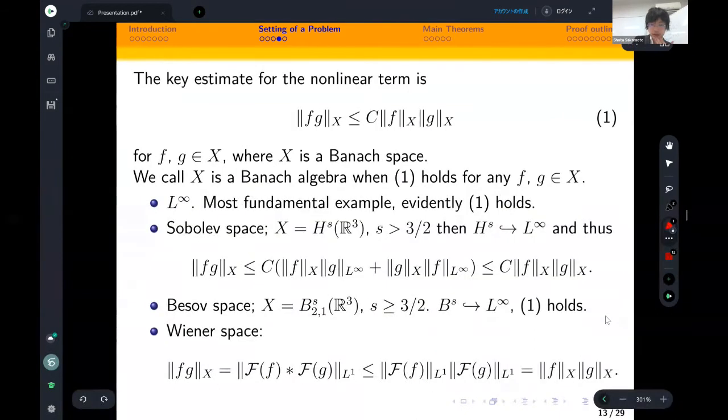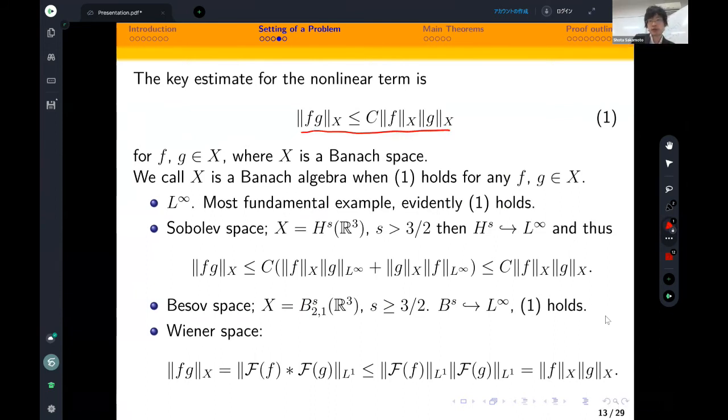So why do we have to use such kind of spaces? Because they're useful for the estimate of the nonlinear term, capital Gamma, which I defined in two previous slides, I think. And the key estimate for the nonlinear part is this.